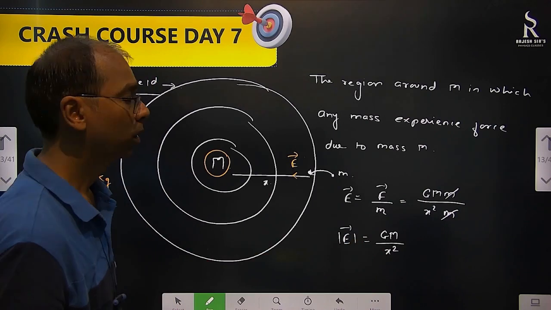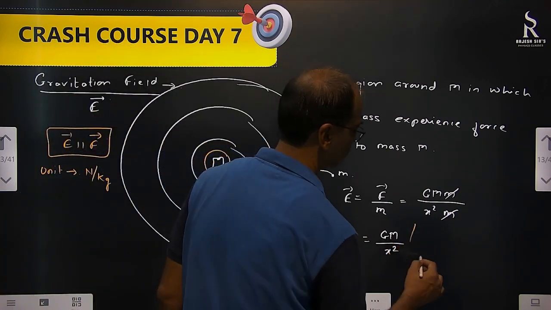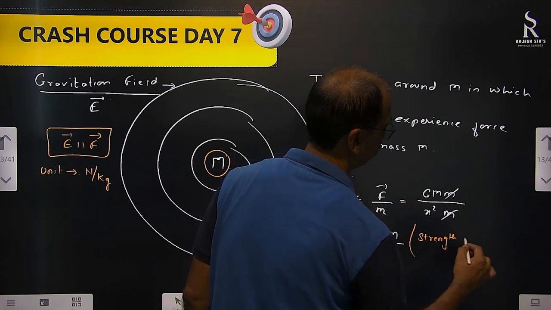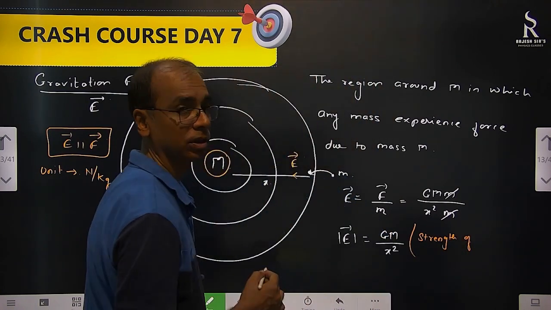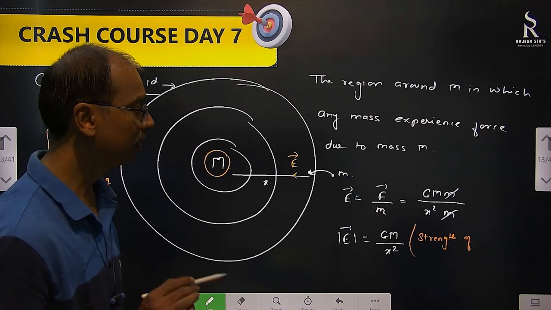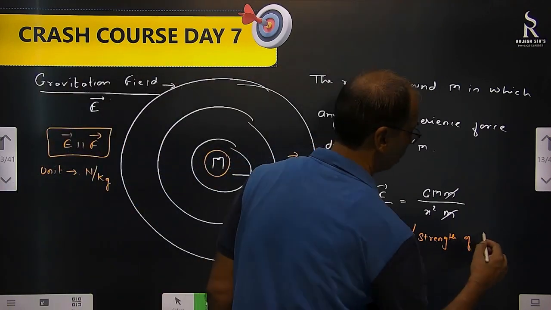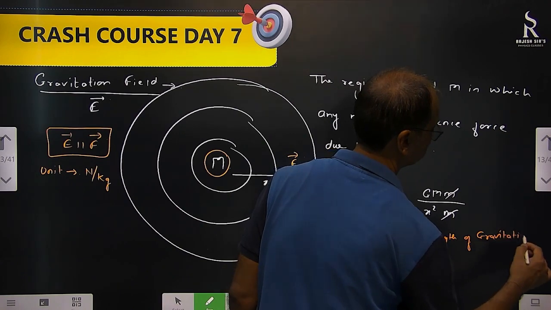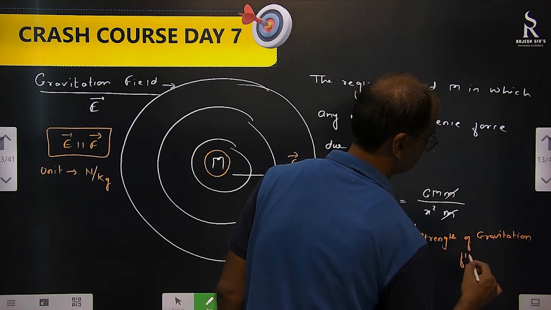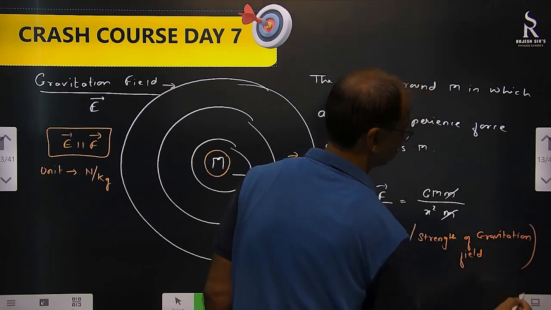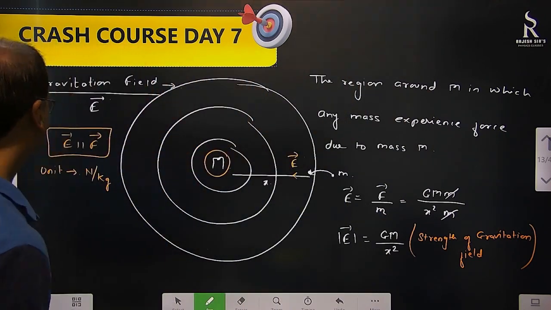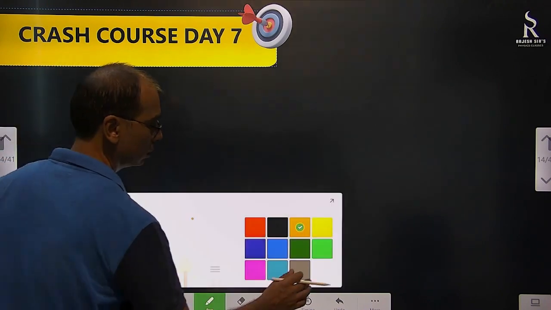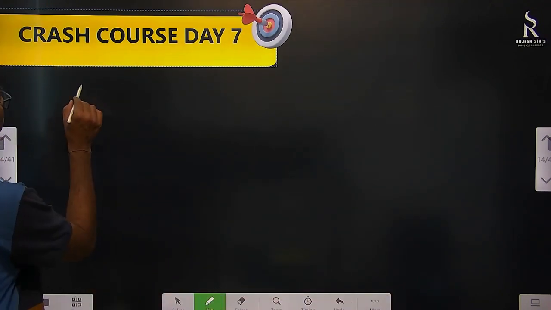It is the strength of gravitation field at a particular point. As you go away from the mass, the gravitation field strength decreases, and at infinity it becomes zero. The strength of gravitation field formula is GM by x square.